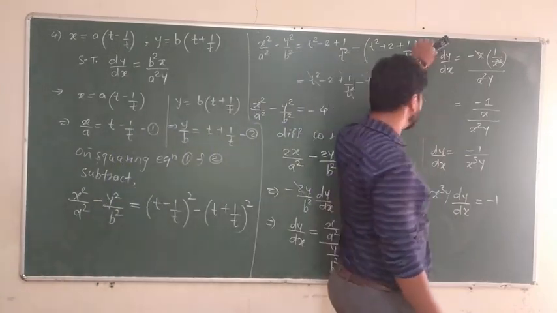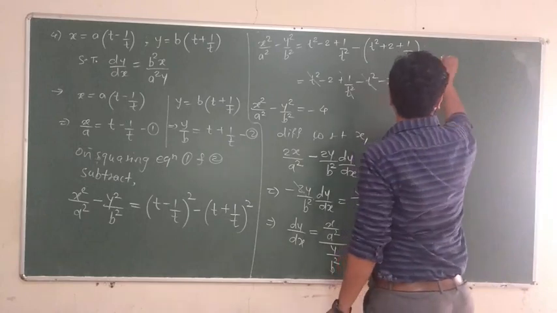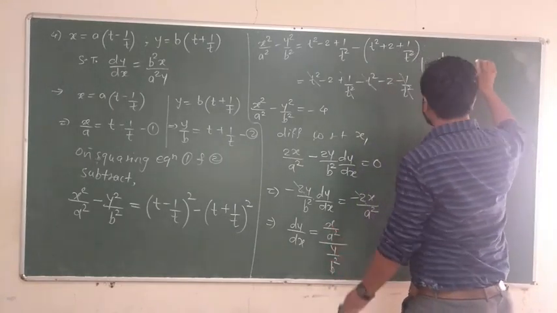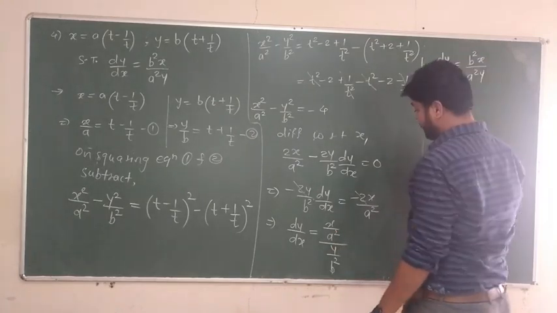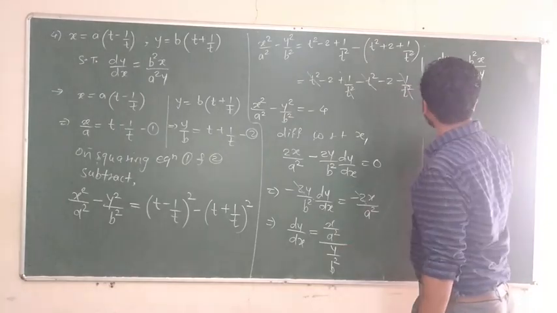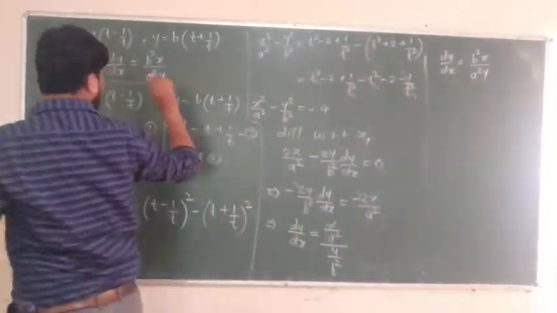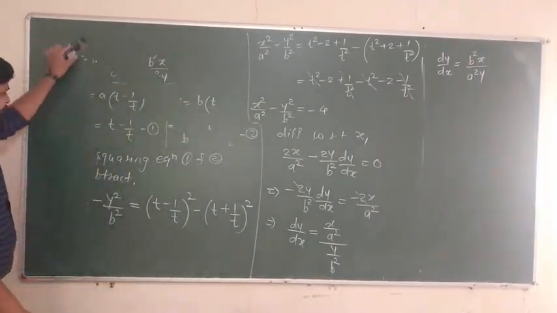So our final answer is: therefore dy by dx is equal to b square x upon a square y, and this we have to prove. So this is the solution of the fourth example.